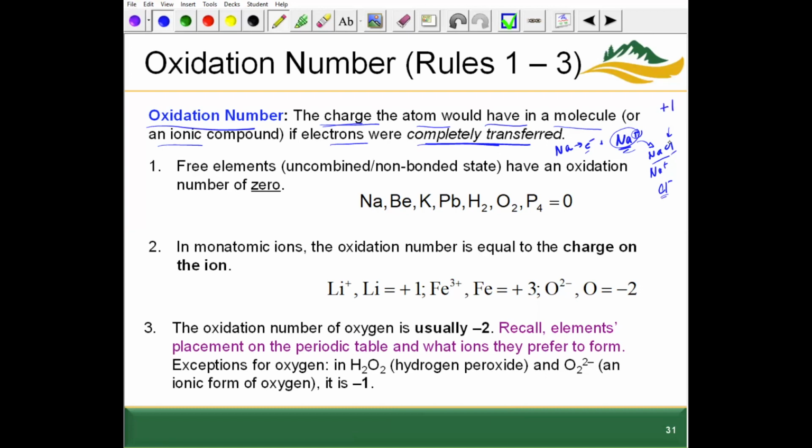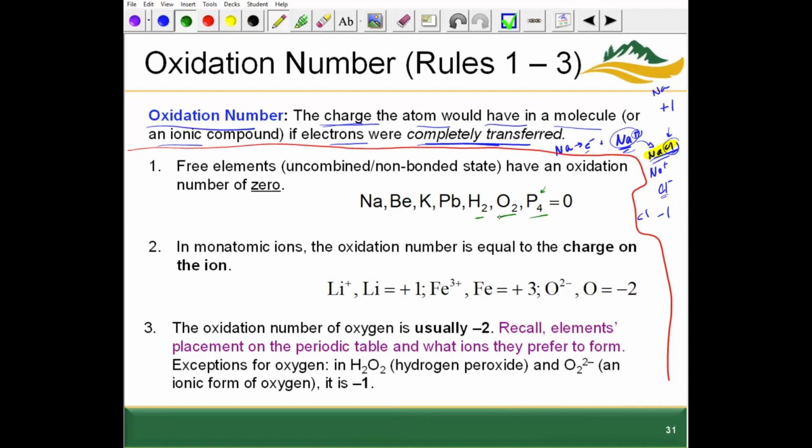The oxidation number on Cl within this ionic compound is -1. So Na is +1, Cl is -1. So that's an introduction. Now let's go through these rules. I mentioned very clearly that this is the oxidation number of sodium when it's within this ionic compound. Well, sometimes we have atoms that are not within compounds. Even these diatomic molecules, or even P4, so 4 phosphorus atoms altogether.